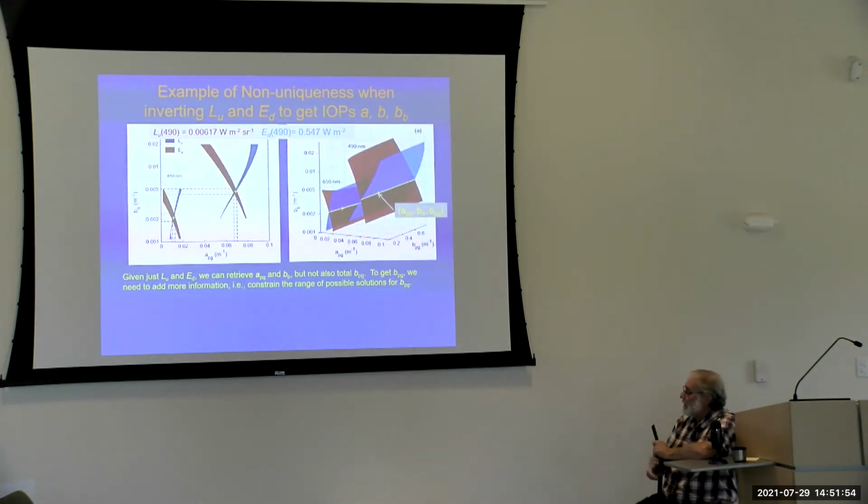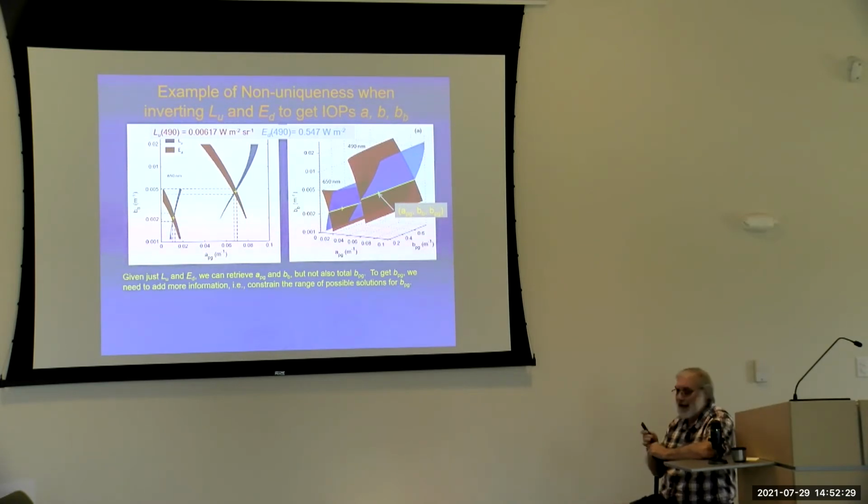So if you plot the results of these simulations on a 3D plot of absorption, backscatter, and total scatter, there's a line where, for this point here, you can run back and forth, and any value of the total scatter from 0.2 up to 0.8 would all give you the same a and bb. So there's no way to pick which point along here was the correct total scattering.